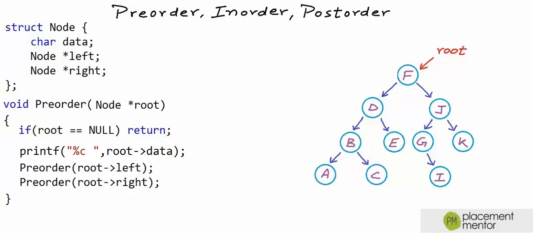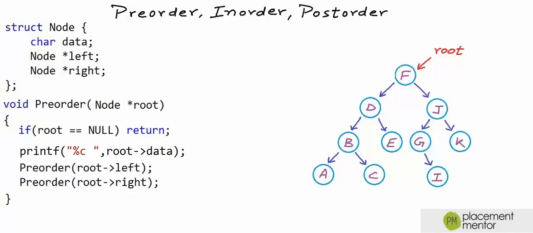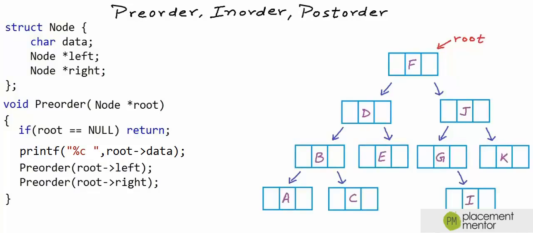It will be good to visualize this recursion. So let's now quickly see how this preorder function will work if this example tree that I'm showing in right here is passed to it. I'll redraw this tree and show it like this. Here I'm depicting node as a structure with three fields.